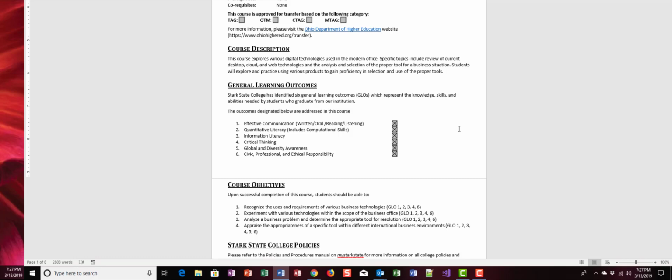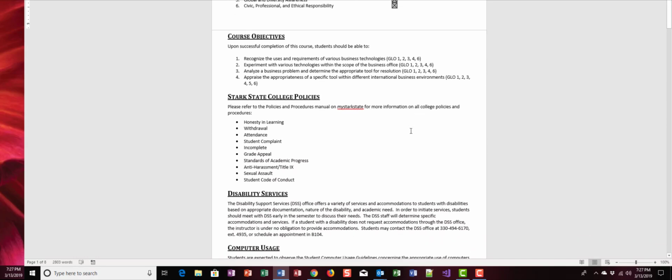Okay, so what are the objectives for this course? There's really 4 of them, and they're pretty broad-based. 1, recognize the uses and requirements of various business technologies. Okay. 2, experiment with various technologies within the scope of the business office. So everything that we're going to do in here is really under the lens of working in some kind of a business office, and that doesn't necessarily mean a for-profit business.